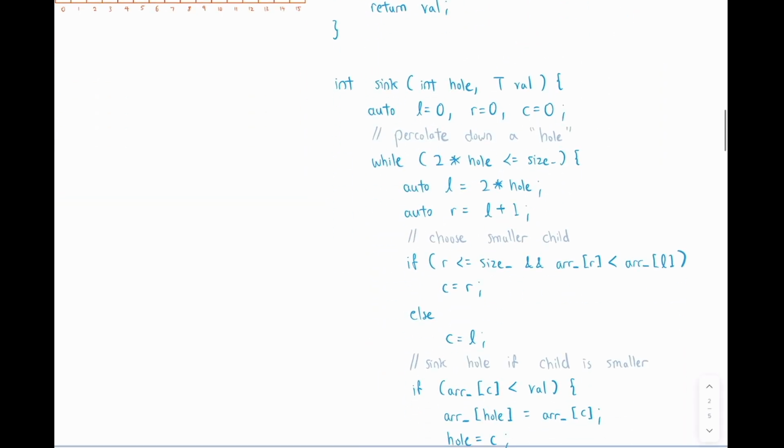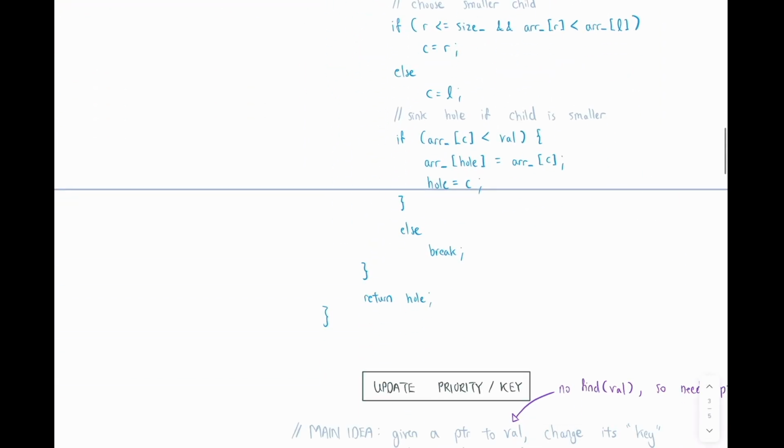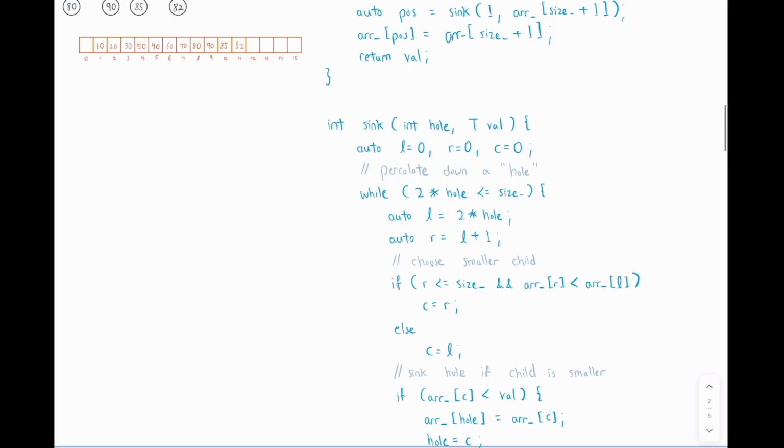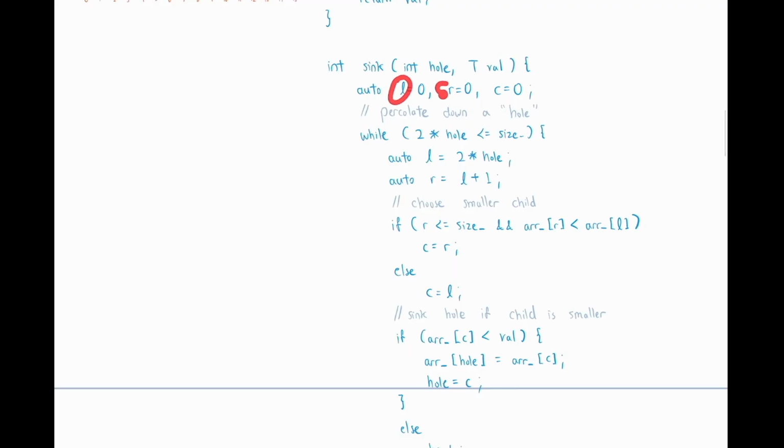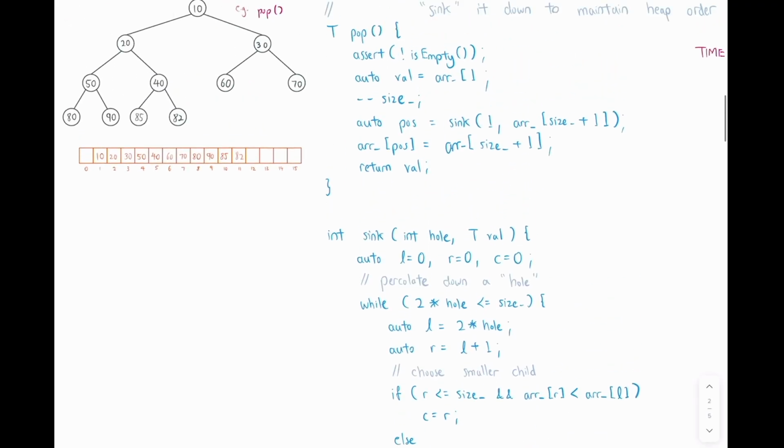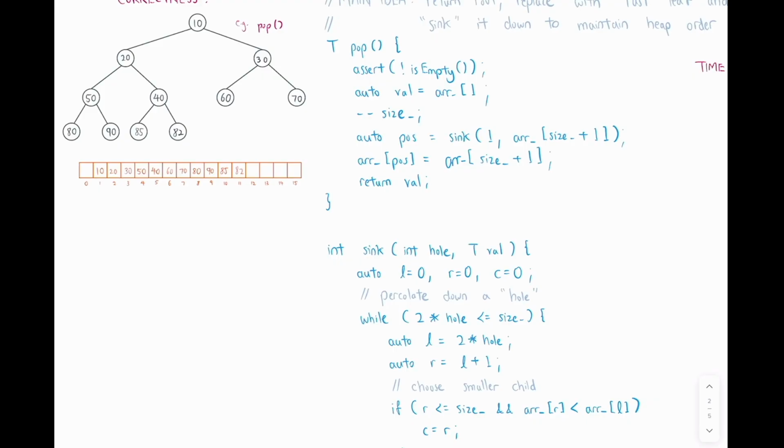Then let's have a quick glance at what the sink operation is. Given a hole and the value as usual, first we have some indices to store: the left child, right child, as well as the chosen child. Because now we have 2 children to decide between whenever we are sinking. Let's say we are here and we want to sink this particular value down to here or here.